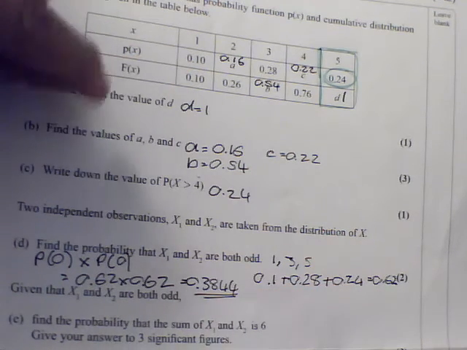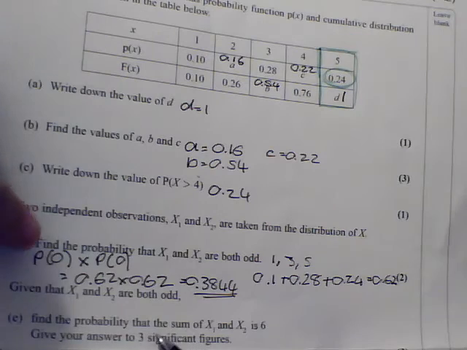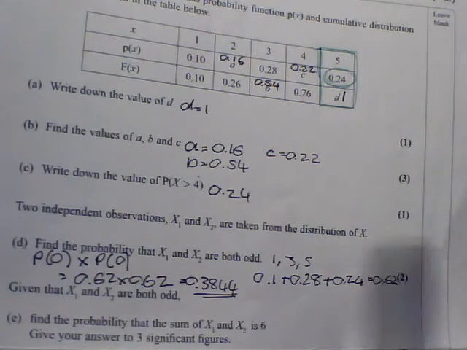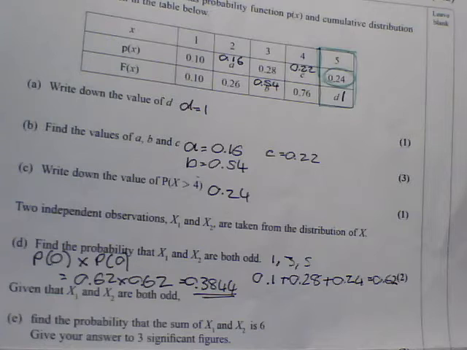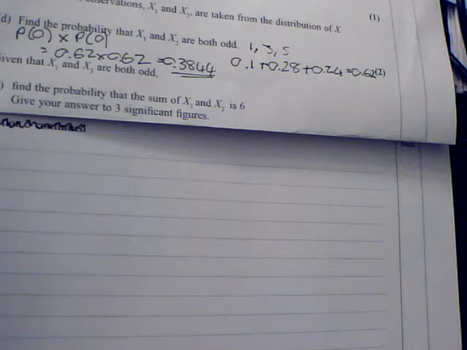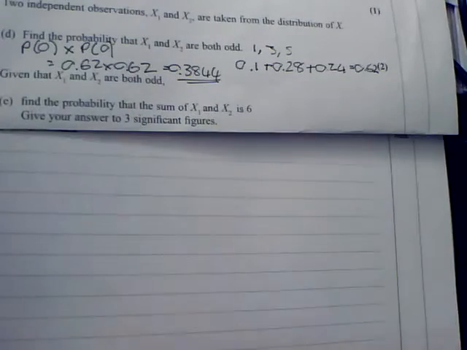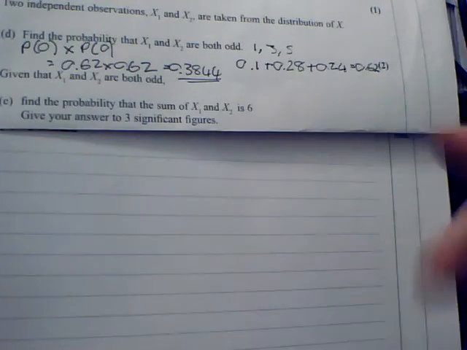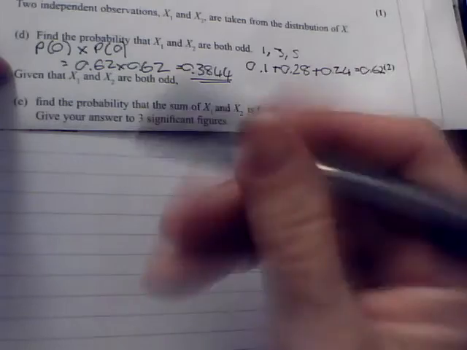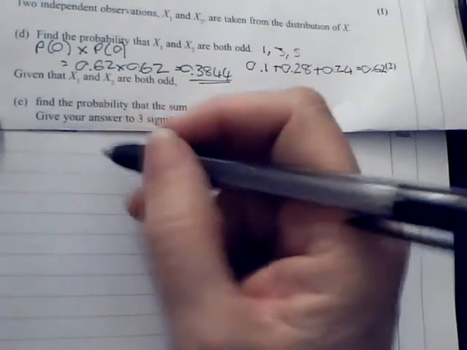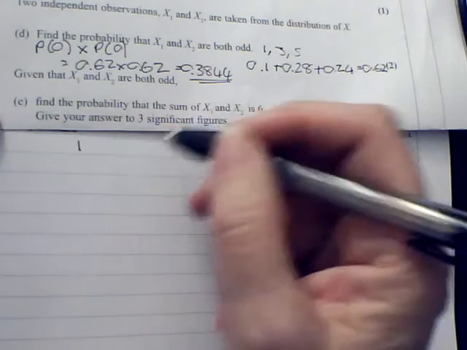Okay, given that both of them are odd, find the probability the sum of them is 6. I need to have a bit more paper here. So if they are both odd, what's the probability that the sum is 6? If the first one is 1, then we need the next one to be 5.